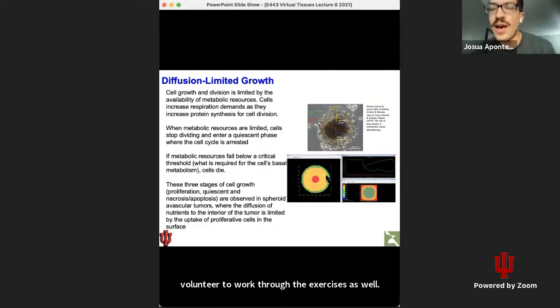Now we can leverage what we've learned in previous lectures to combine cell growth with nutrient availability. Before, we had experience modulating cell growth and proliferation using cell pressure, right?